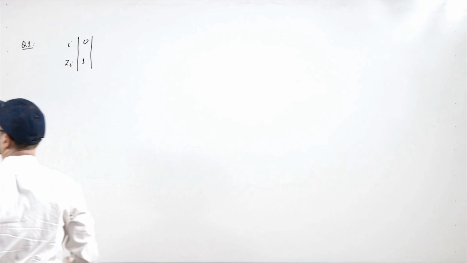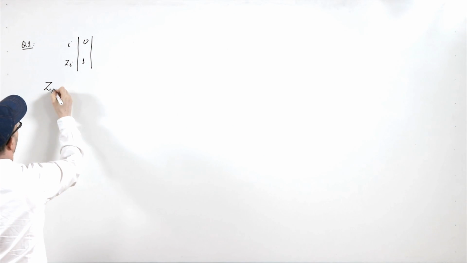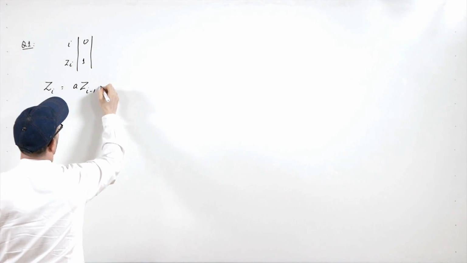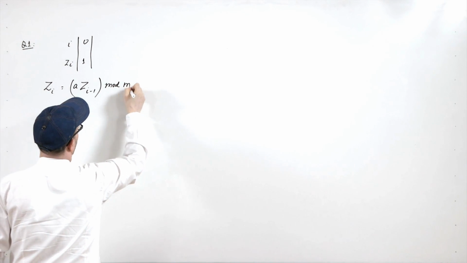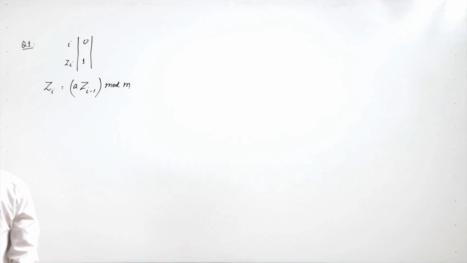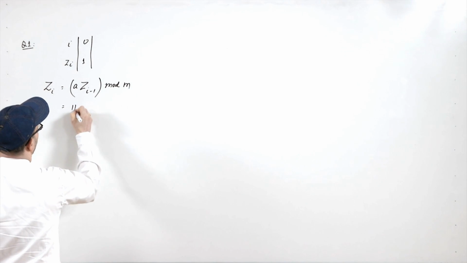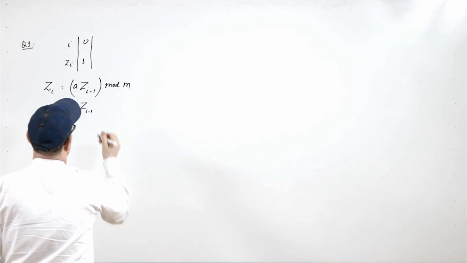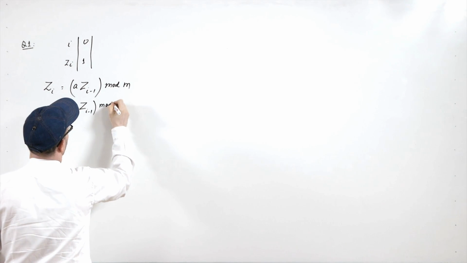The expression is Z I equals A into Z I minus 1 mod M, so here it is 11 Z I minus 1 mod 16.